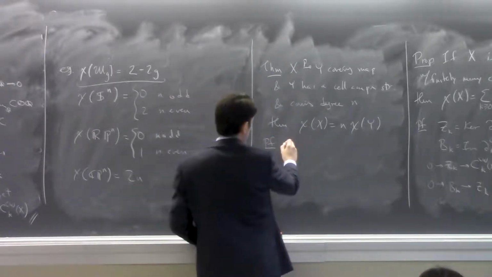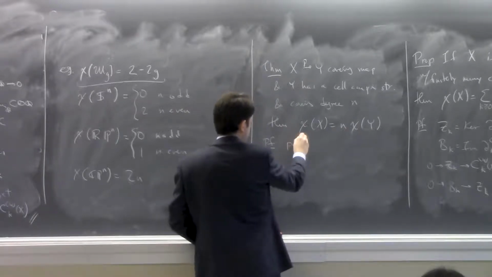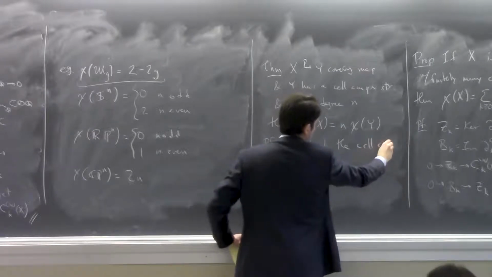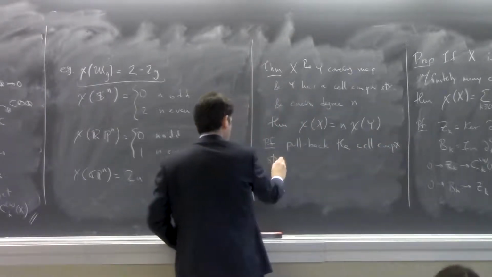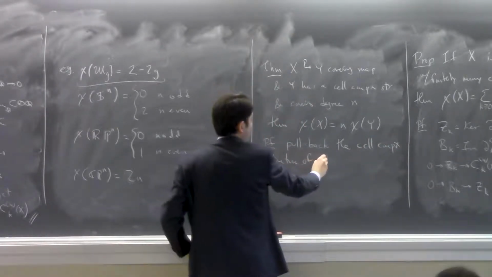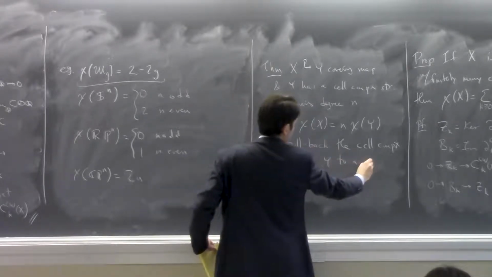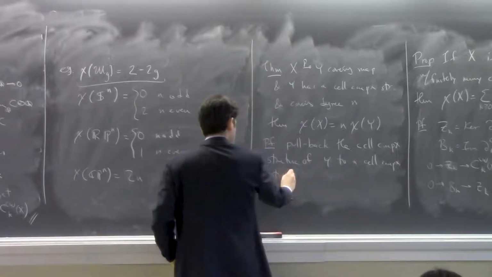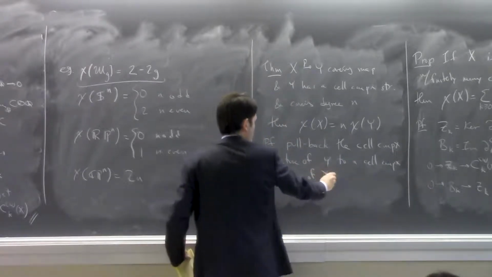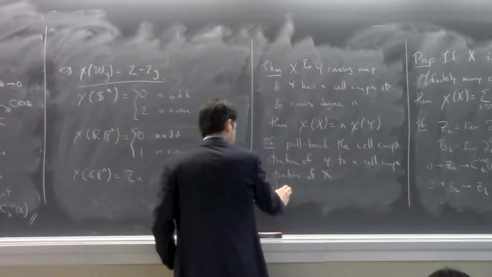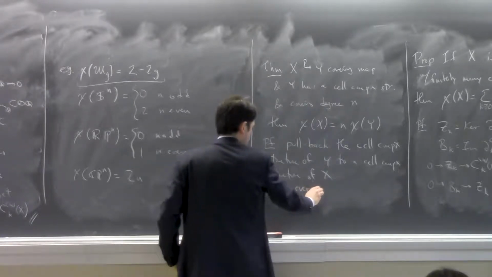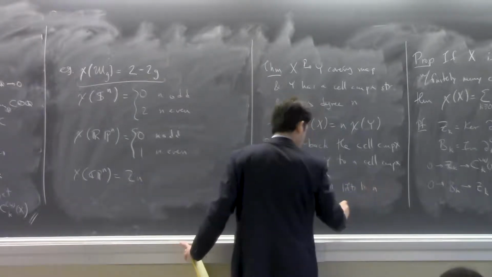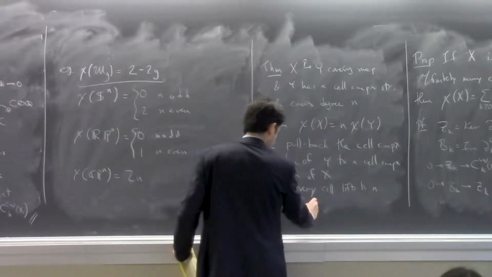And the proof is just that you can pull back the cell complex structure of Y to a cell complex structure of X, where every cell lifts to n different cells.